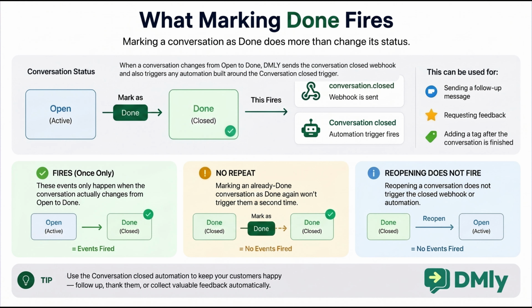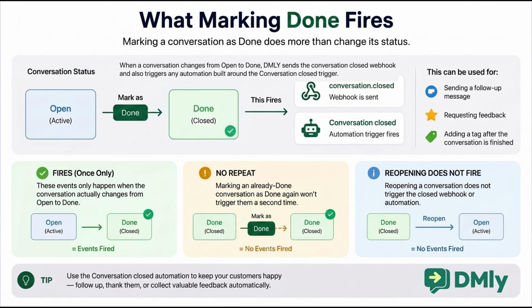What marking done fires. Marking a conversation as done does more than change its status. When a conversation changes from open to done, DMLY sends the conversation.closed webhook and also triggers any automation built around the conversation closed trigger. This can be useful for things like sending a follow-up message, requesting feedback, or adding a tag after a conversation is finished.